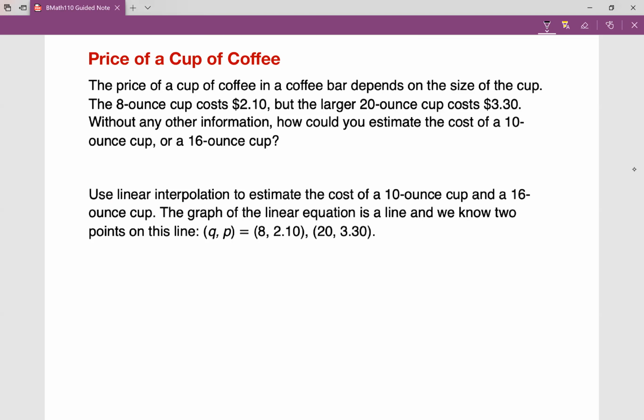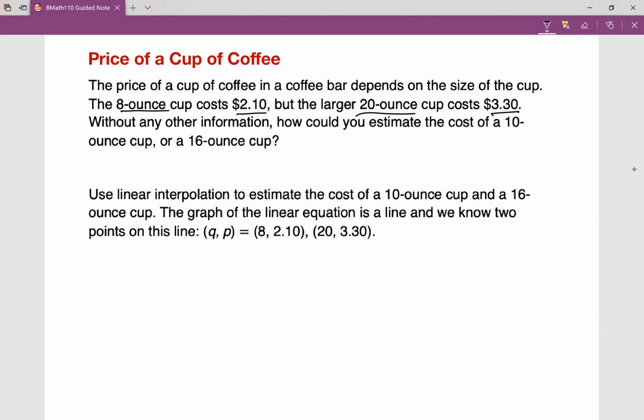Another problem talks about the price of a cup of coffee. The price of a cup of coffee in a coffee bar depends on the size of the cup. The 8-ounce cup costs $2.10, but the large 20-ounce cup costs $3.30.